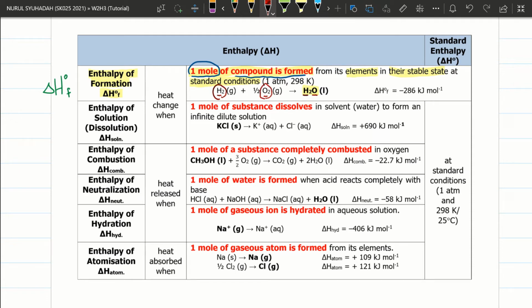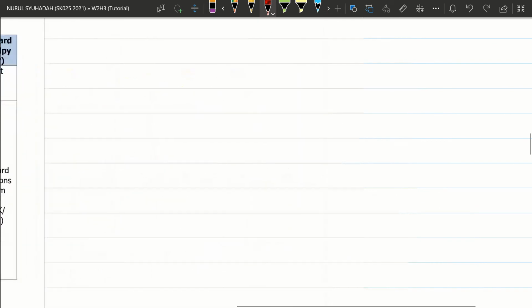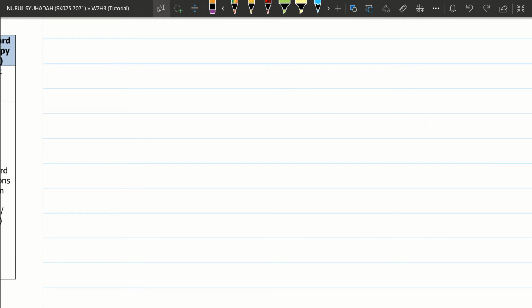So balance your equation. Let's take a look on the side. Just now I gave you H2. It will be like this. The 1 mole that we want to form is H2O.